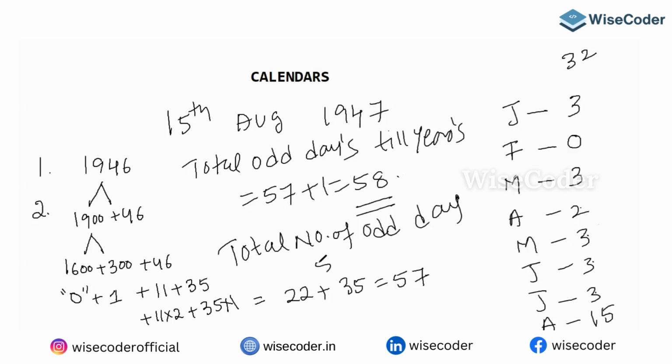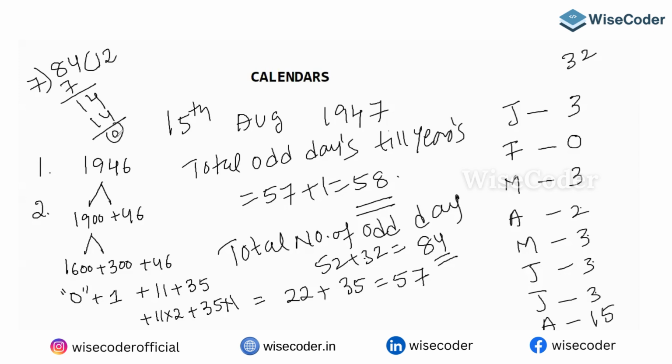So 52 plus 32 gives 84 odd days. Now divide this by 7. 7 ones are 7, 14, 7 twos are 14. 14 means remainder 0. 0 means Sunday.